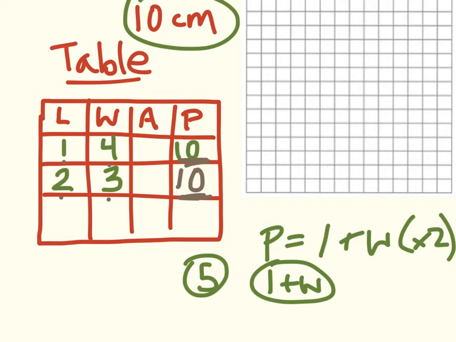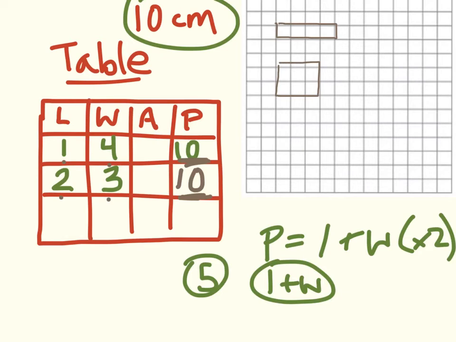So now I could draw a rectangle with a perimeter of 10. So I'd make it 1 long and 4 wide. That has a perimeter of 10. And my second example would be 2 long and 3 wide, and that also has a perimeter of 10.